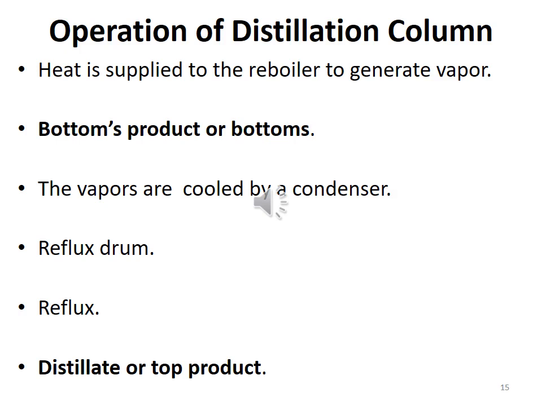After condensing, these gas molecules will be converted into liquid molecules, and the vessel which is used to hold this condensed liquid is known as a reflux drum. Some of the liquid is recycled back to the top of the column and is known as reflux. The condensed liquid that is removed from the system is known as the distillate or the top product.